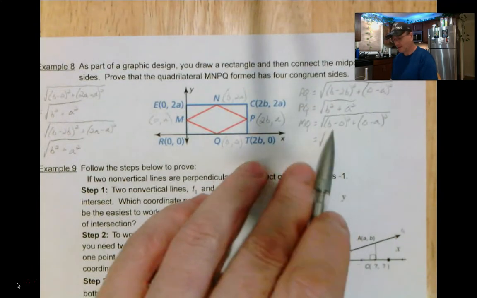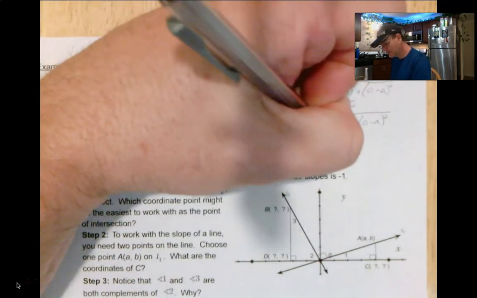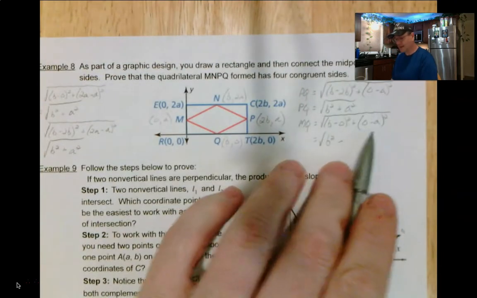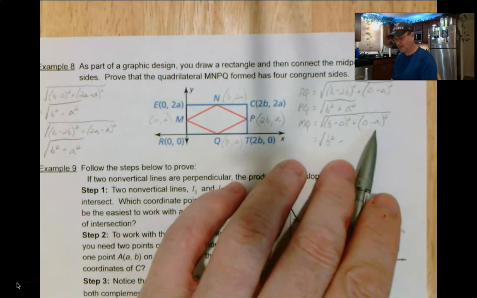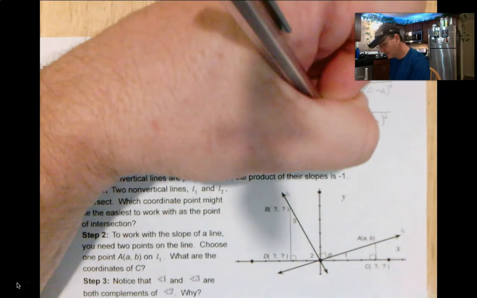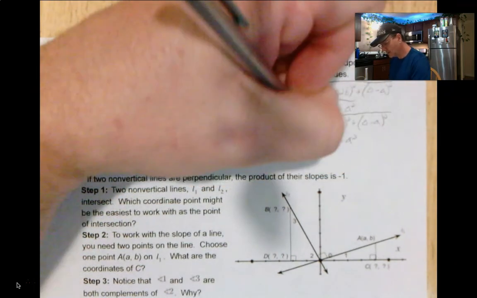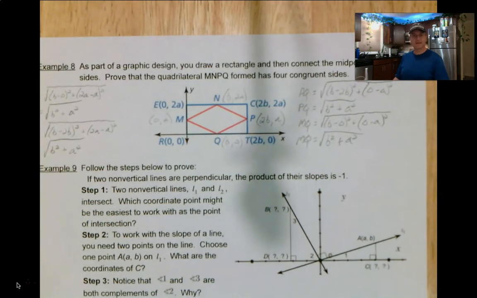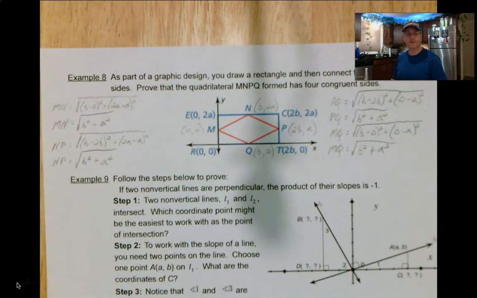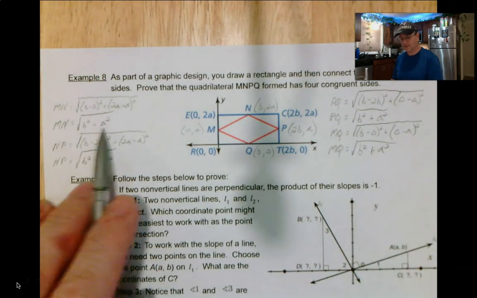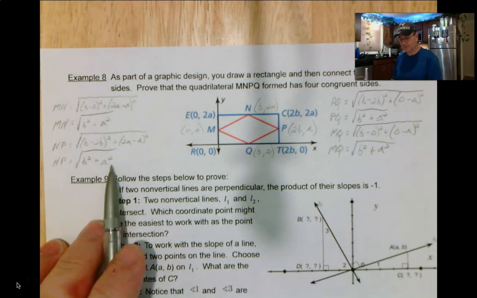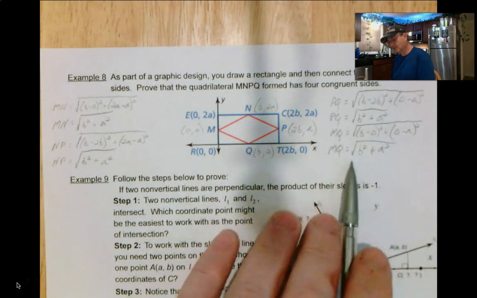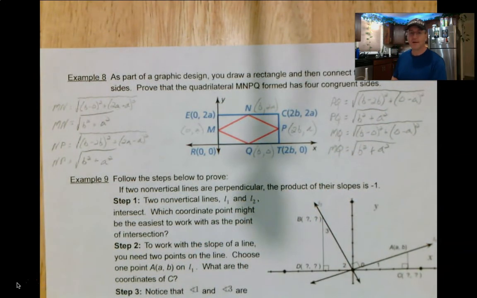B minus 0 squared is b squared, plus 0 minus a, negative a, squared is a squared. MQ, exact same length. All four of them are the same length. All four of them equal the square root of b squared plus a squared. MNPQ is a rhombus.